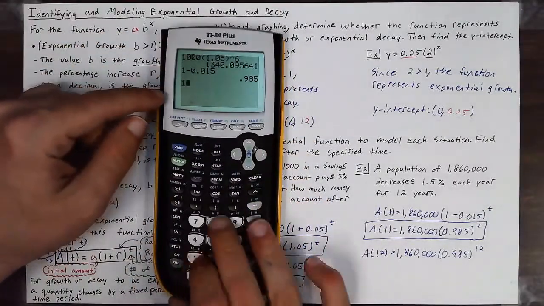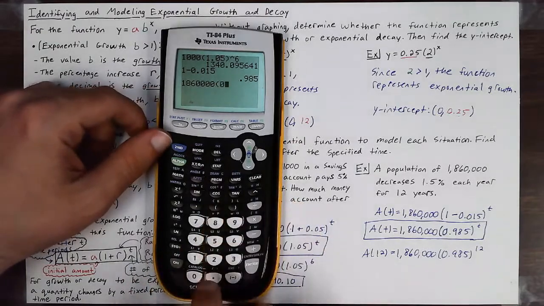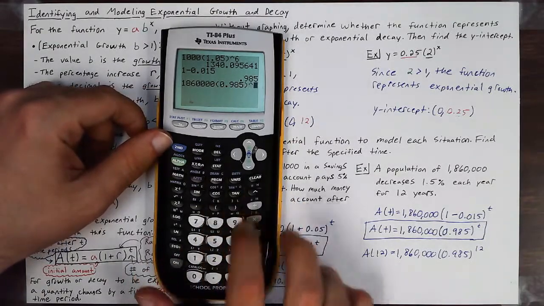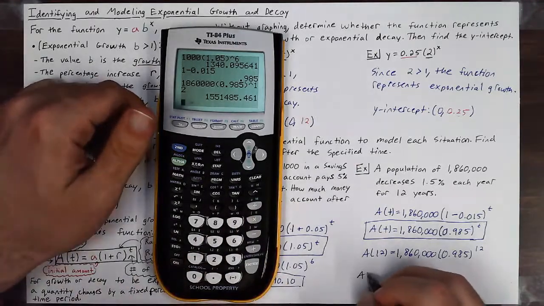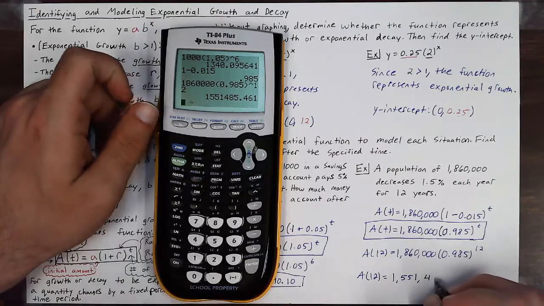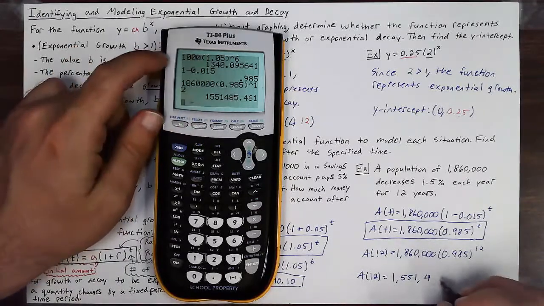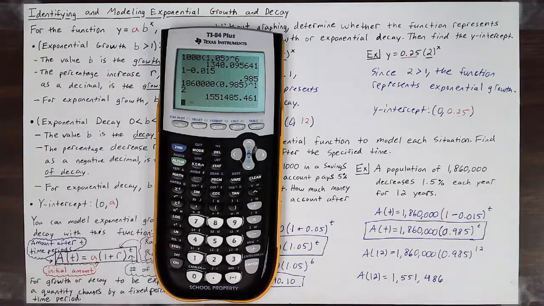So 1,860,000 times 0.985 to the 12th power, and the population ends up being 1,551,486. I'm going to round to a whole number to make sure you don't have any fractions of people living there.